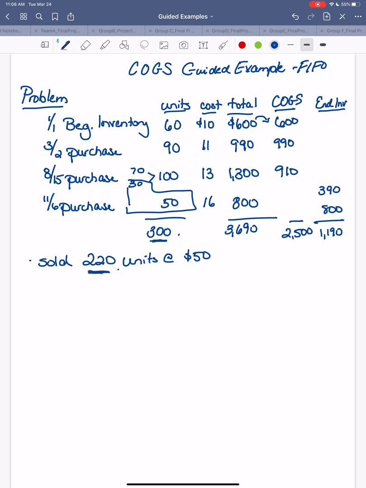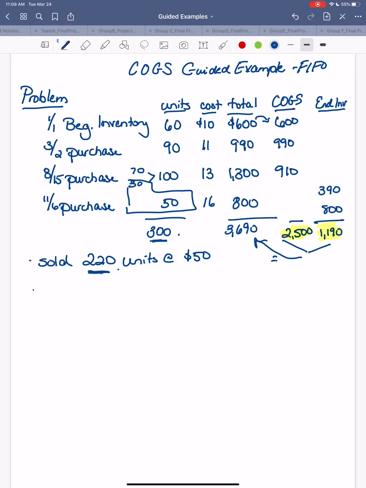Right? So if I add 2,500 and 1,190, yes, I do in fact equal my total cost of goods available for sale. All right, so now let's record the journal entries. We know our cost of goods sold was 2,500. We know our ending inventory was 1,190. So we've got the different pieces we need.